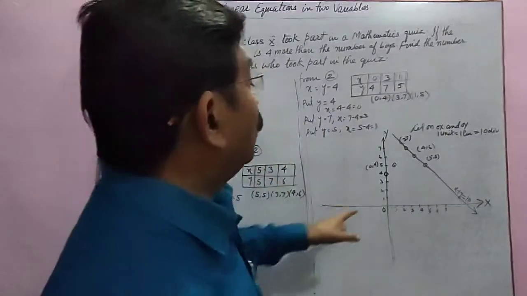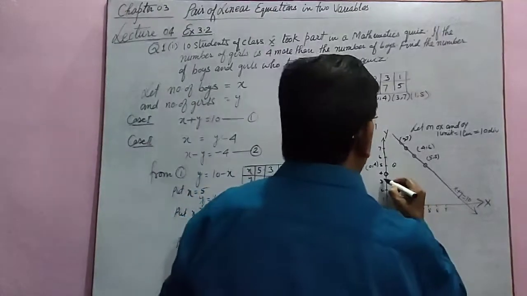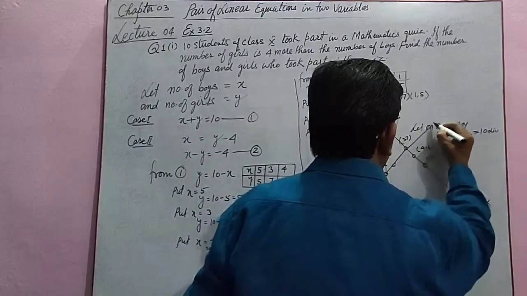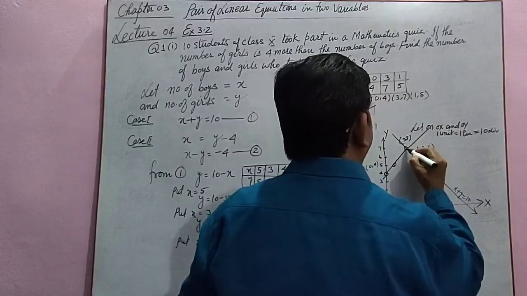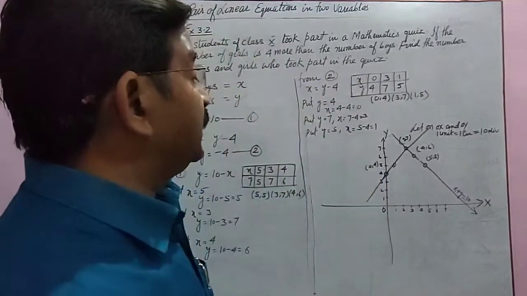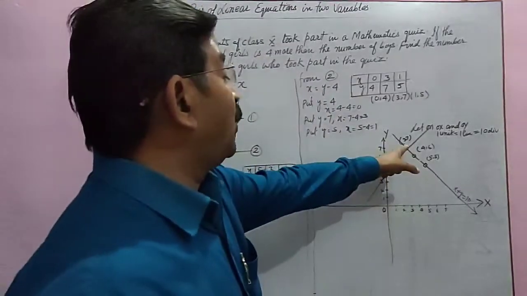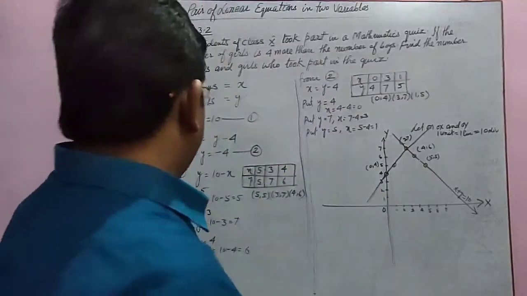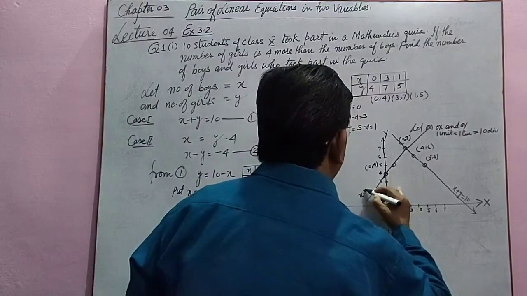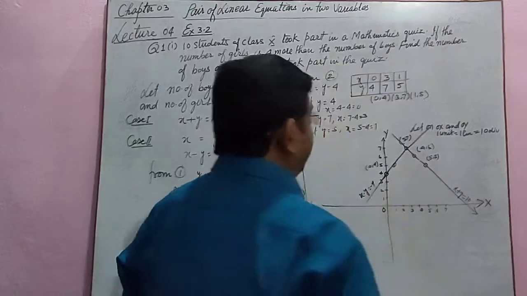Again you will see that all these 3 points are in a line. Join them. So you will see that these two lines intersect each other at this point (3, 7), and write the equation. We have x minus y is equal to -4.